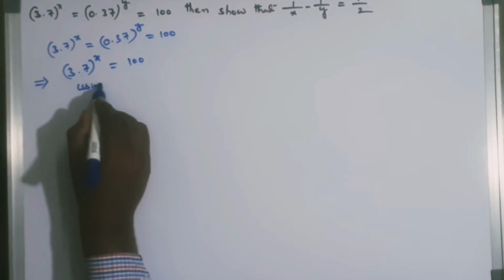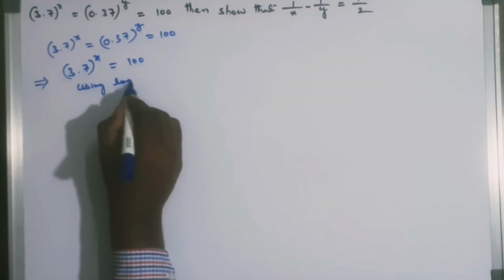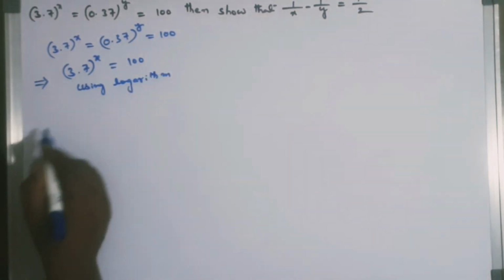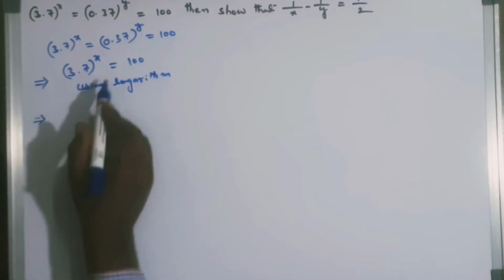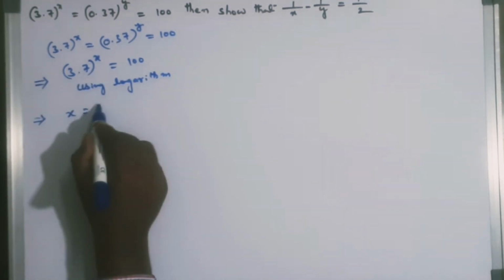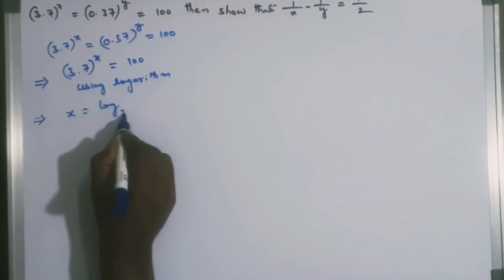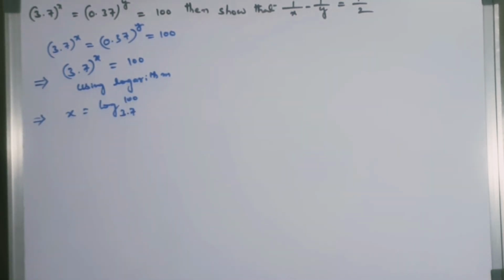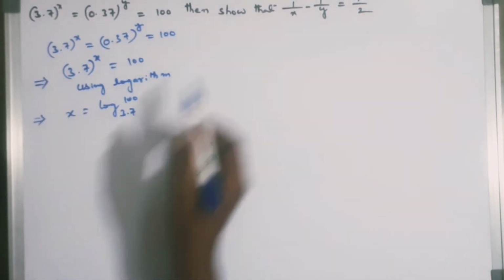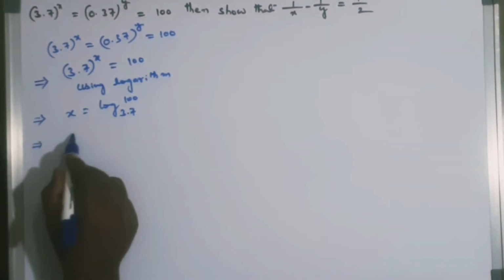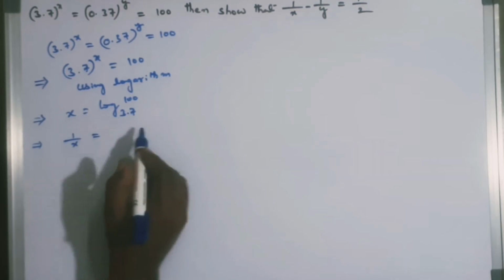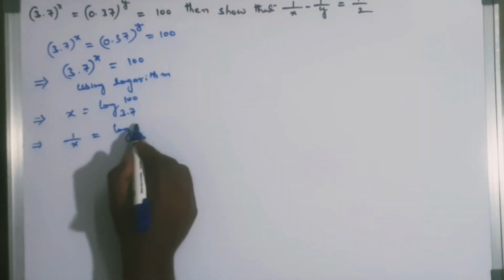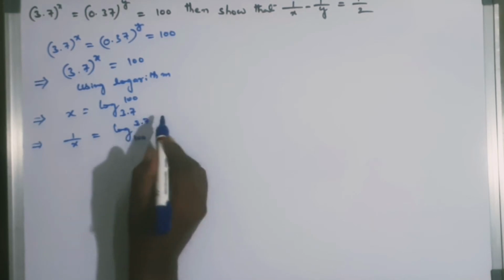Using logarithm, now apply the logarithm for this. x equals log base 3.7 of 100. I want to find the value of 1 by x. If I make 1 by x, then I will write log of base 100 of 3.7.